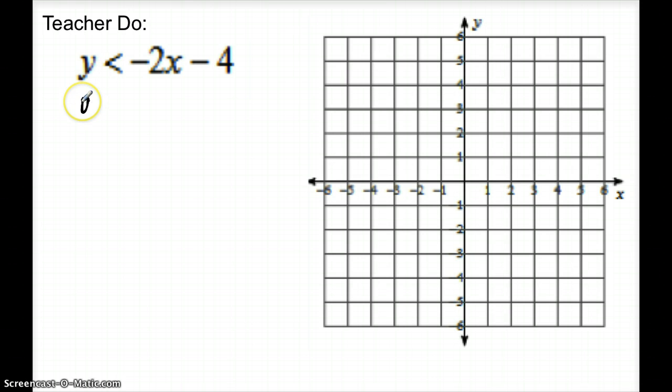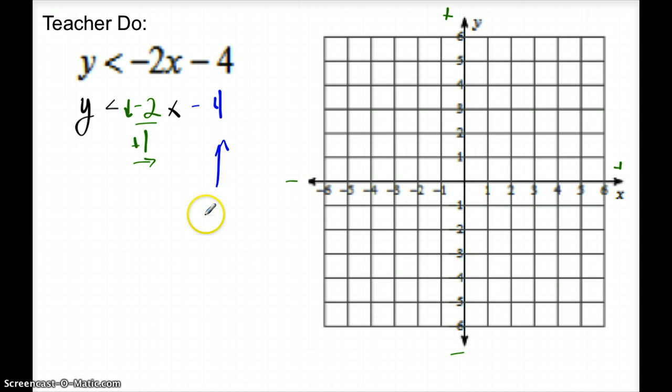y is less than negative 2x minus 4, so negative 2 here, and then minus 4 here. This is 2 over 1, down 2, plus 1. It's positive this way, positive this way, negative this way, negative this way. Again, this is our, very important, starting point.